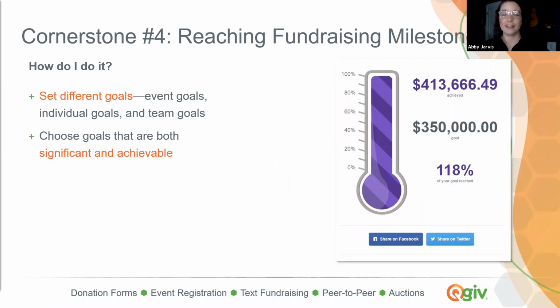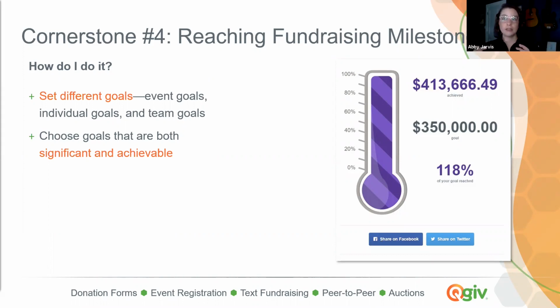So how do you do it? Here are the steps. Okay, so the first thing you want to do is set a goal. And I'm going to encourage you to set 2 goals, at least, maybe 3. The first one is your overall event fundraising goal. The next one you may want to do is individual goals, and that might fit for your organization, it might not.